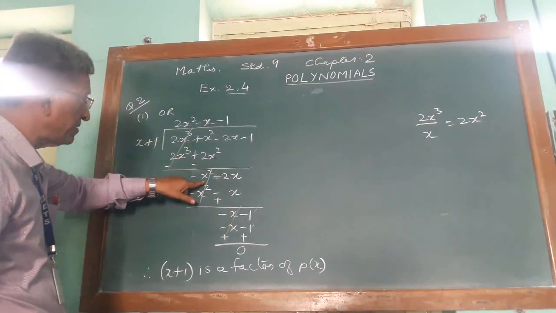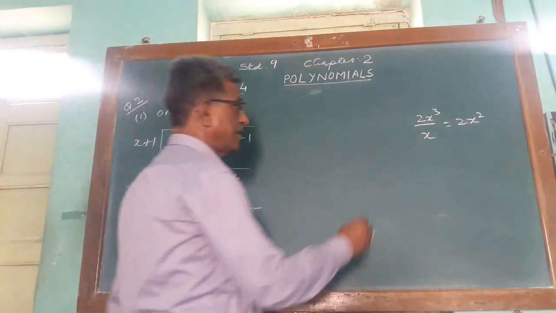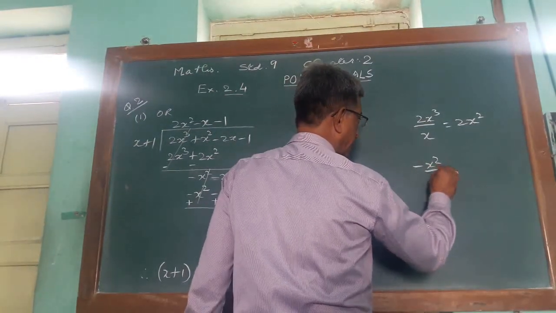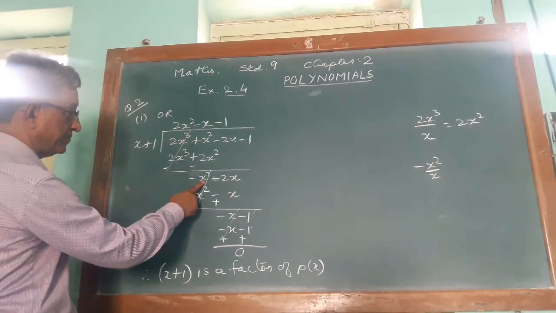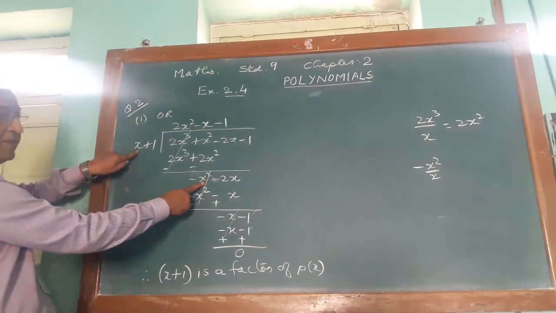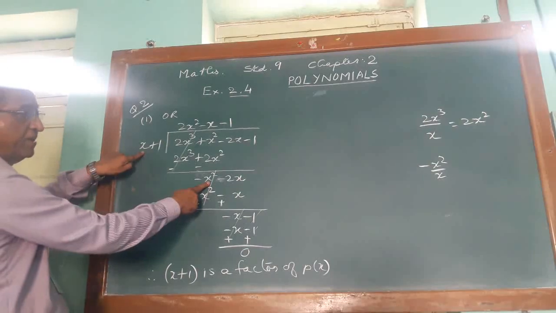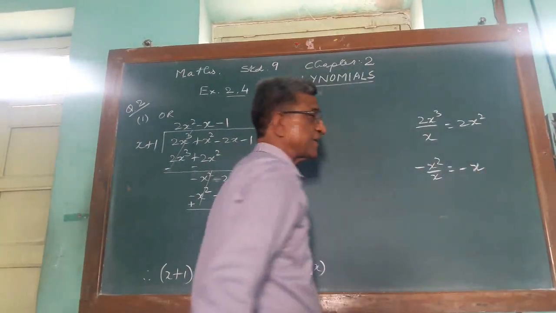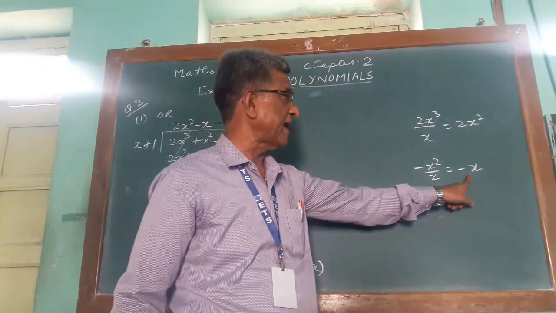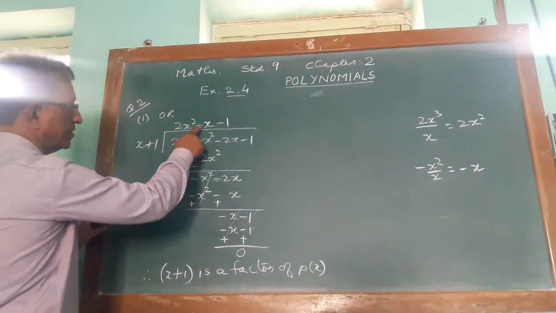Again this first term divided by this first term. Minus x square upon x. Here the first term is minus x square and here the first term is x. So you have to divide this. This will give you minus x. Write this minus x here.